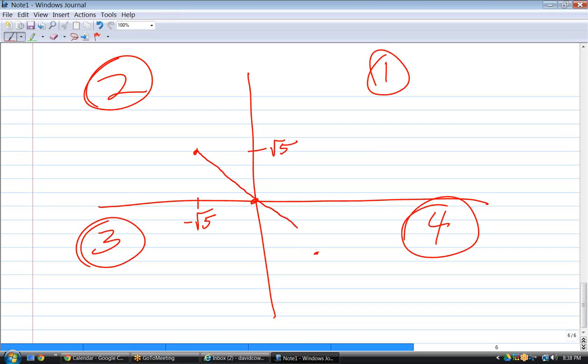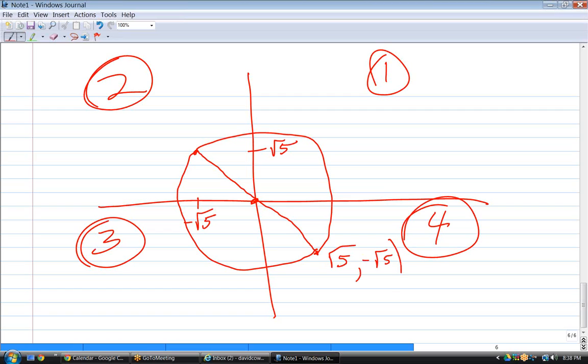That's the diameter, and the circle is like that. And that's the only spot where it could possibly be. And that has to be plus square root of 5, minus square root of 5. The opposite, so to speak, coordinates of this one, which was minus square root of 5, plus square root of 5.